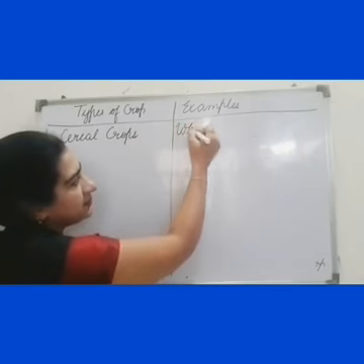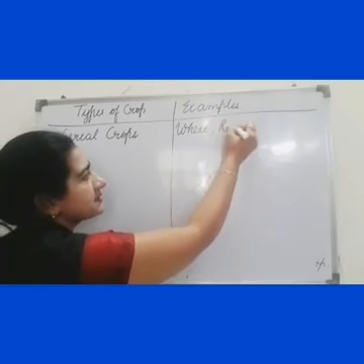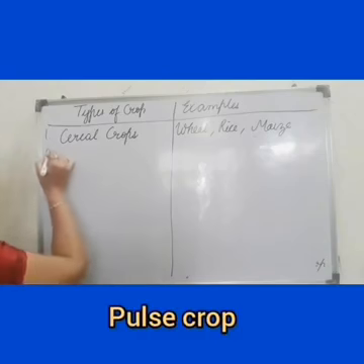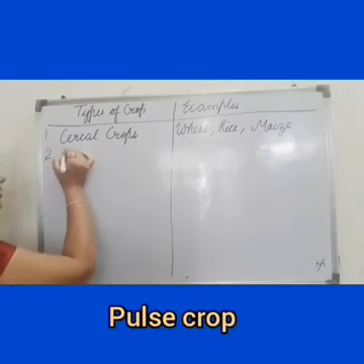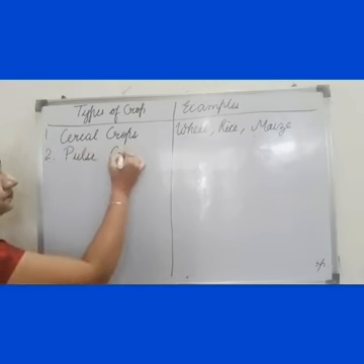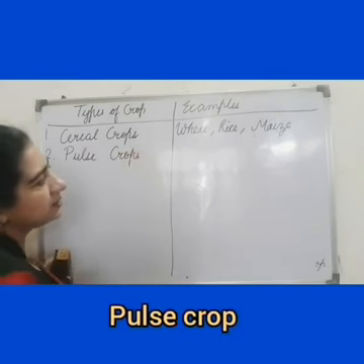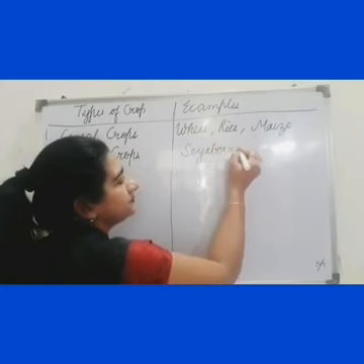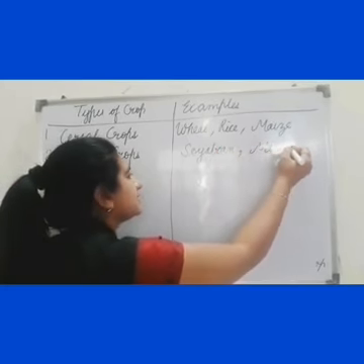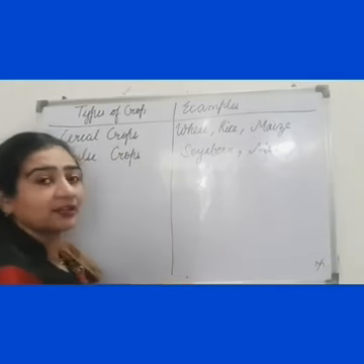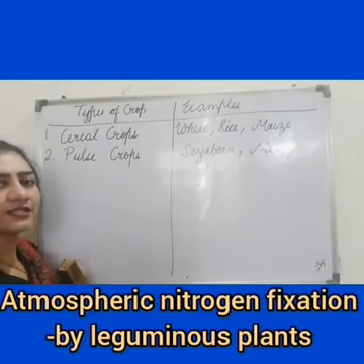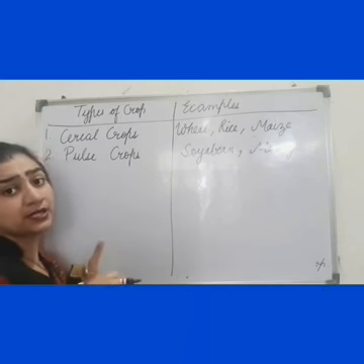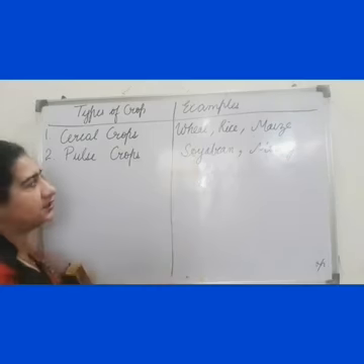Examples are wheat, rice, maize, etc. Then we have pulse crops, which include legumes like soybean, moong, etc. You must be remembering nitrogen fixation in leguminous plants, right? Those very pulse crops are included here.